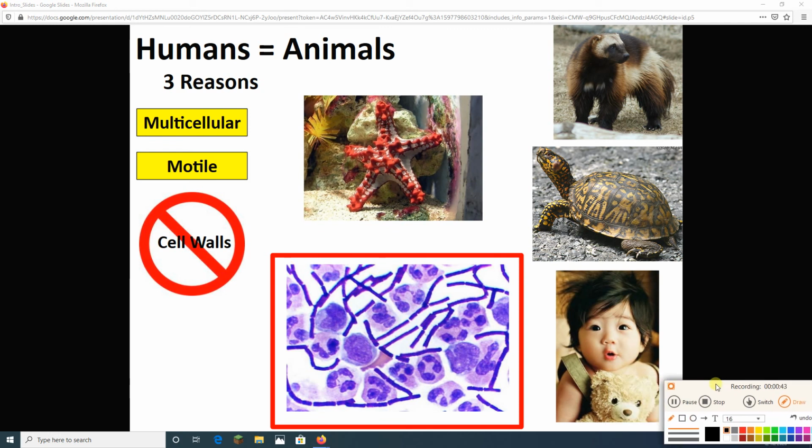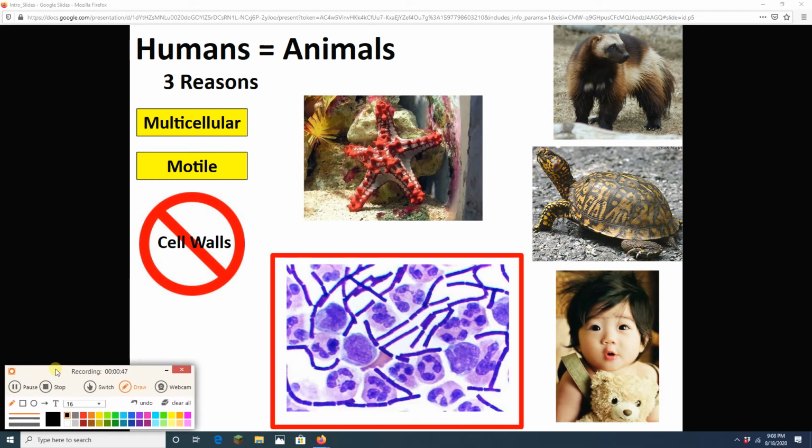Humans are, number one, animals. That's where we fit into the grand scheme of life. There are a lot of animals in this world, right? There are starfish, there are turtles, there are wolverines, there are cute babies. All animals. There are 3 reasons why all of these things are animals. Number 1, animals are multicellular.